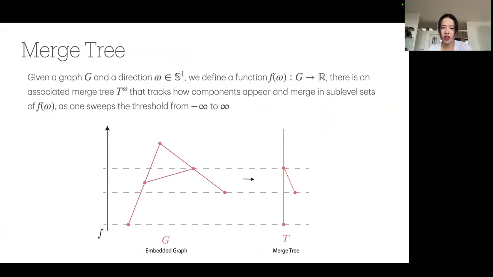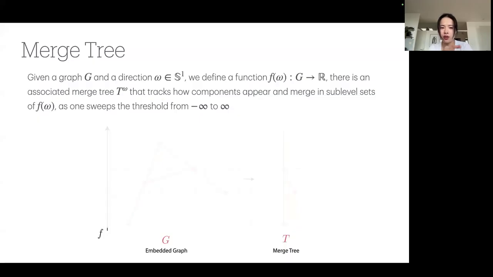And we can construct a merge tree according to this graph and this direction of choice by sweeping a threshold that is perpendicular to the function from negative infinity to positive infinity. The intuition is that the merge tree will keep track of how the connected components of the graph behave as we sweep this threshold.